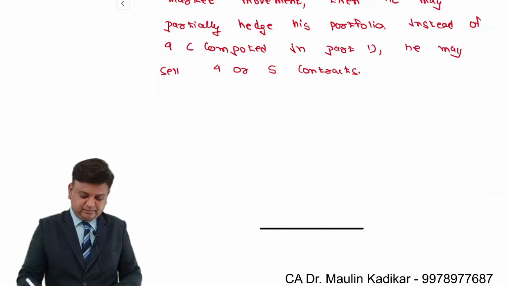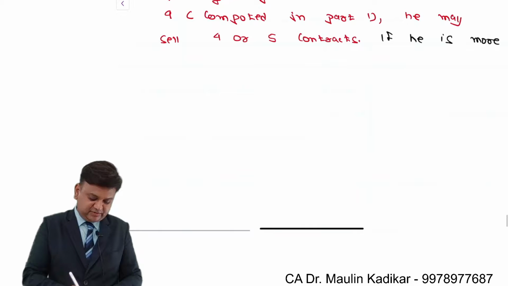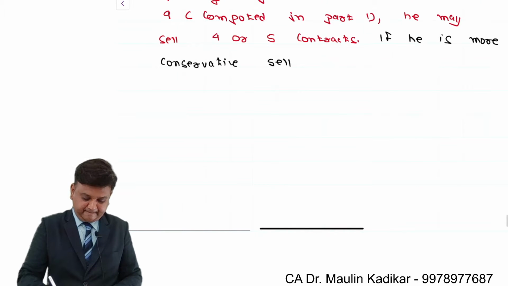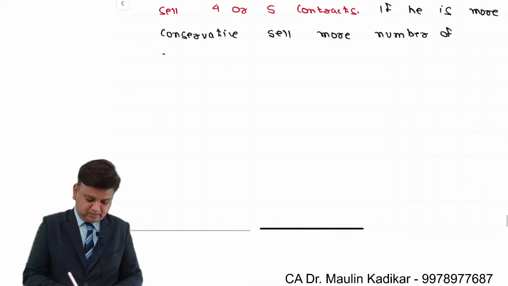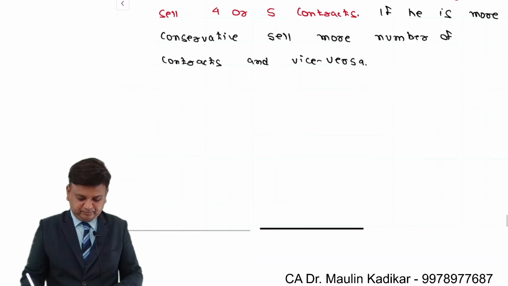If he is more conservative, sell more number of contracts, and vice versa.